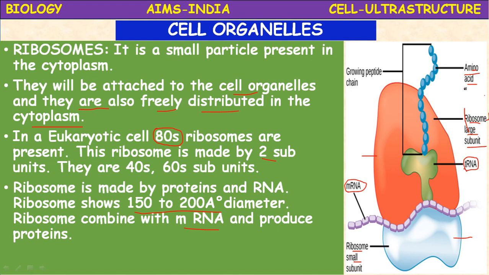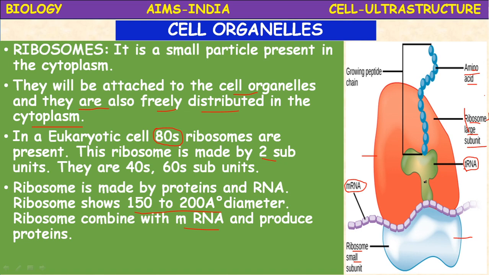So here, this is mRNA and these are amino acids, and tRNA is present between them, in an amino acid sequence. These amino acids combine to form the proteins.